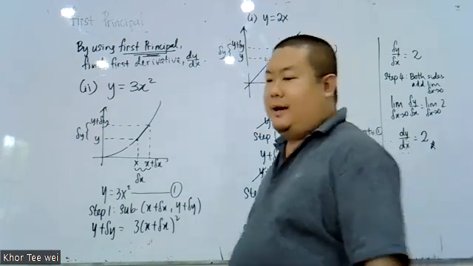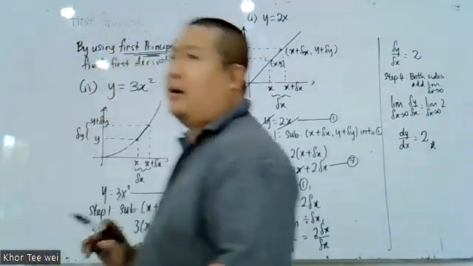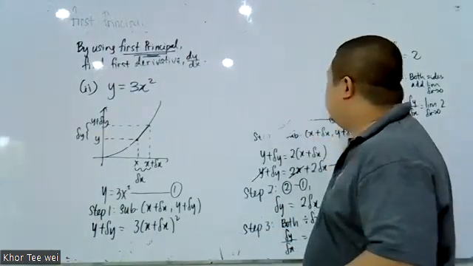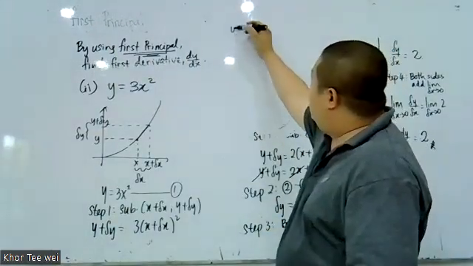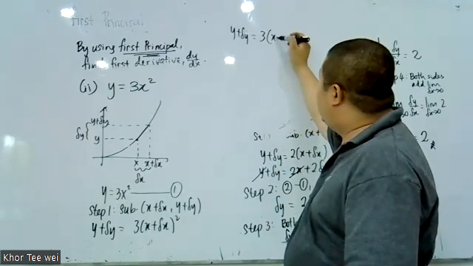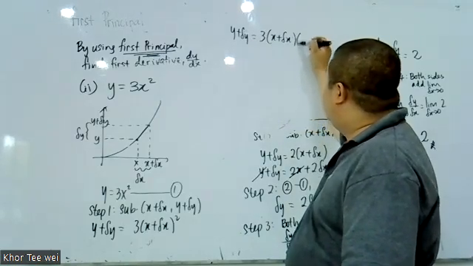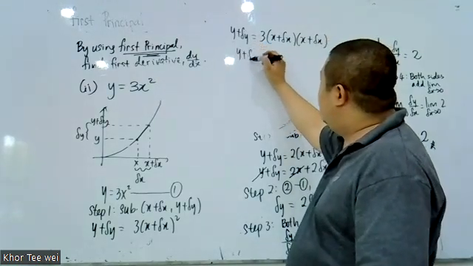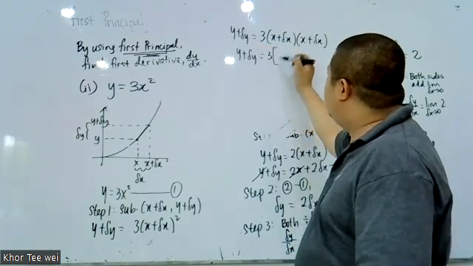Because this one has the square, I can do the expansion. So y plus delta y equals 3 bracket x plus delta x, squared.